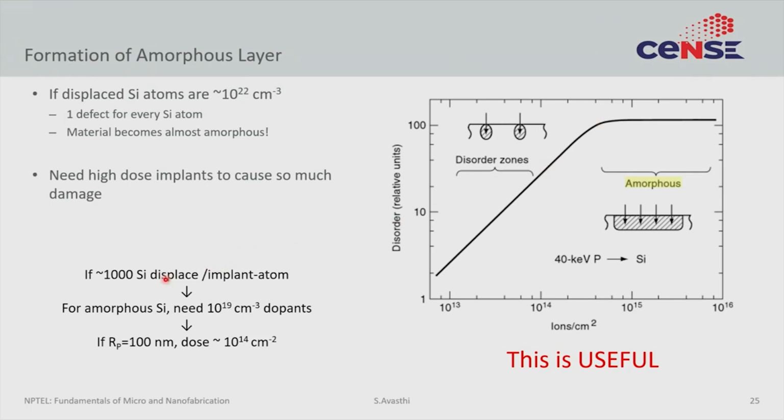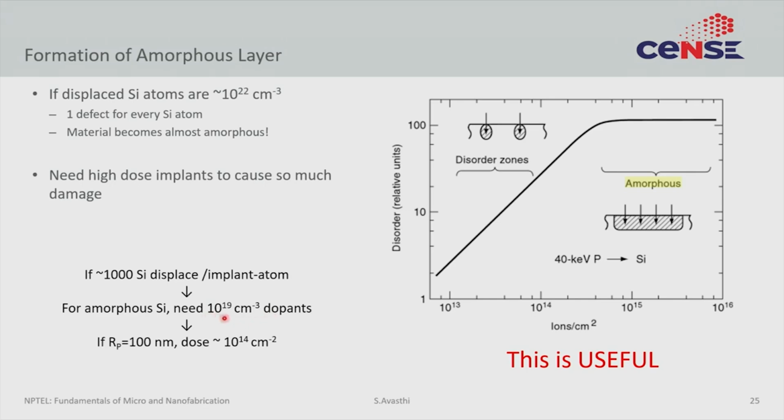Let's start with this number: around 1,000 silicon atoms are displaced for every implanted atom. In order to have amorphous silicon, you need around 10 to the power 19 dopants. Why? Because there are 10 to the power 22 silicon atoms per centimeter cube, and if it takes 1,000 of them to be displaced by one atom, then just having 10 to the power 19 dopants per centimeter cube is enough to displace all silicon atoms.